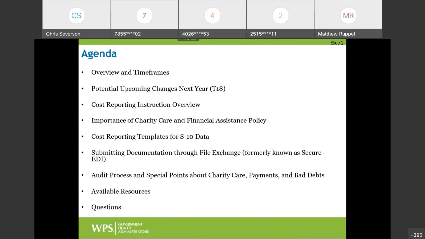It's File Exchange. It used to be known as Secure EDI. We'll talk about some special points about each of the three items: charity care, payment, and bad debts. A lot of them will be reminders of things we've already covered early on. And then just a slide talking about available resources. And as I mentioned, we'll have plenty of time for questions.